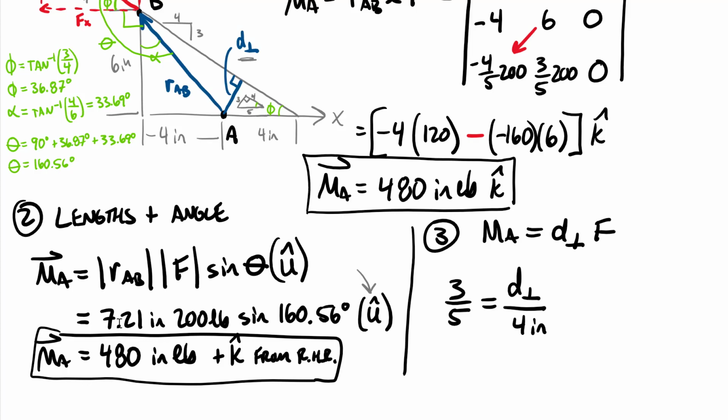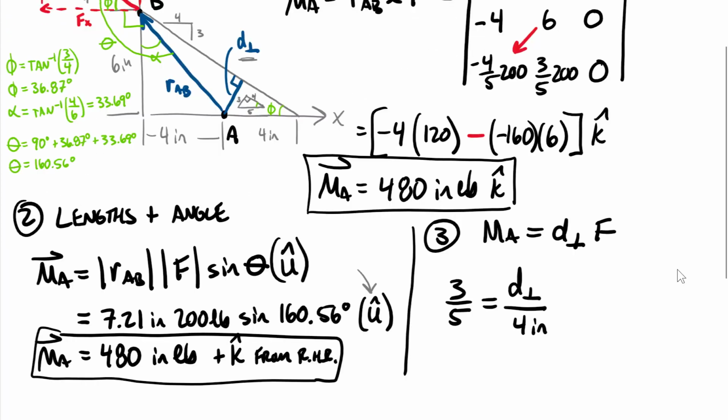What this really is, is the side opposite phi divided by the hypotenuse, equal to, again, the side opposite phi divided by the hypotenuse.